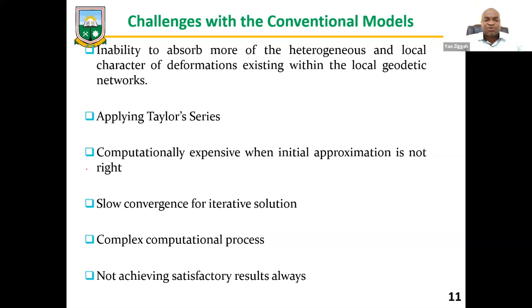And it has also been reported that we do not always achieve satisfactory results because of the models' inability to handle the deformation existing in the local geodetic network. A typical example is the War Office ellipsoid that we use in Ghana. If you look at how it was established, in the southern part, they used triangulation. In the northern part, they used traversing to establish it.